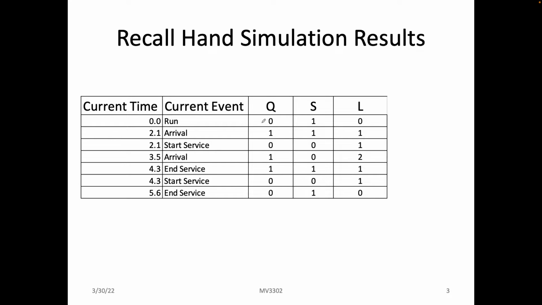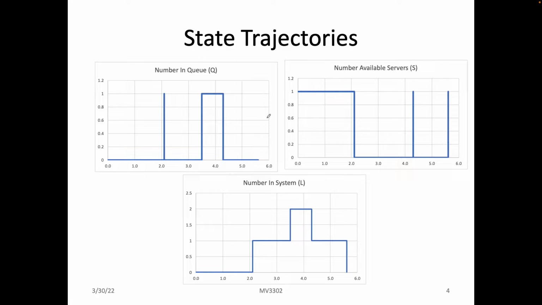If we were to graph this, which we will in a slide, this is what the three state trajectories looked like. For the number in the Q, remember we had that little spike, and then it stayed at 1 in the Q for a while, and then went down.